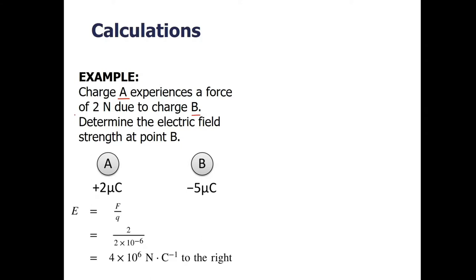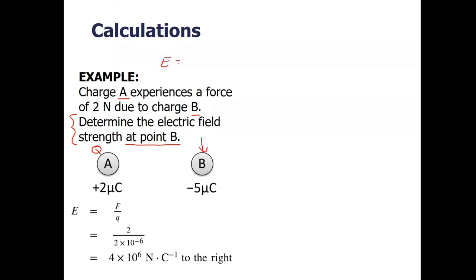Now the next bit of wording is the tricky part. Determine the electric field strength at point B. I'm looking for the field strength here. Which charge is big Q? It has to be A. It can't be B. Why?